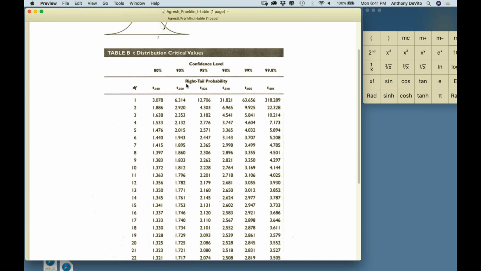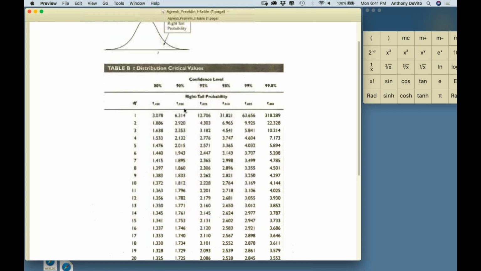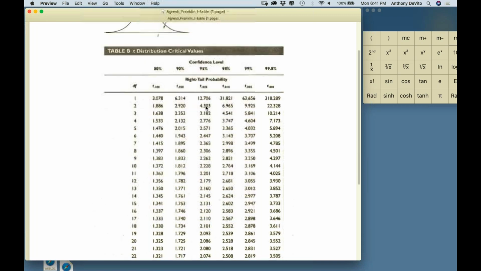So the way that they describe a 95% confidence interval is by describing it as the right tail probability. The right tail probability is 2.5%. So that means there's 2.5% on the right side, but there's also 2.5% on the left side. So that's 95% confidence. That's a 5% chance of being wrong, which is a 95% confidence interval. So that's the way they're describing that there.